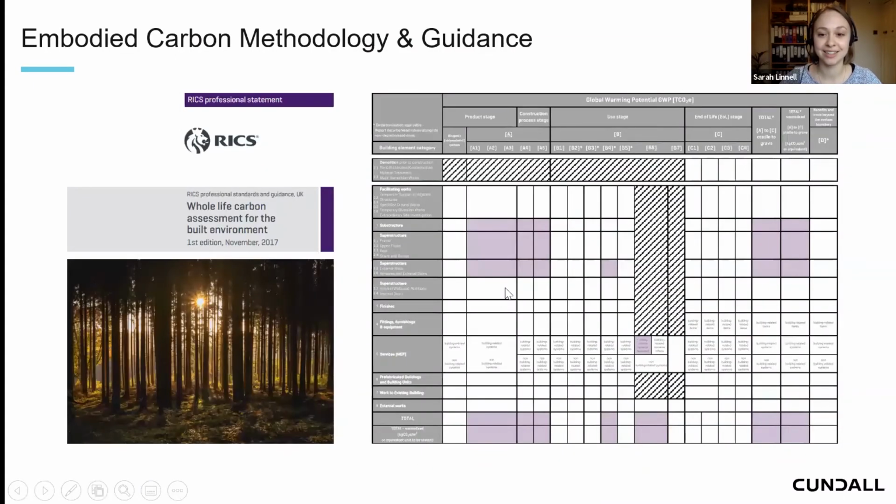Thank you. So in terms of the actual methodology, RICS's professional statement was released in 2017, and this actually provided a standardized approach and practical guidance for performing whole life carbon assessments based upon the BS EN 15978 method, which Richard mentioned. And this approach actually goes further and above the BRE requirements under BREEAM.